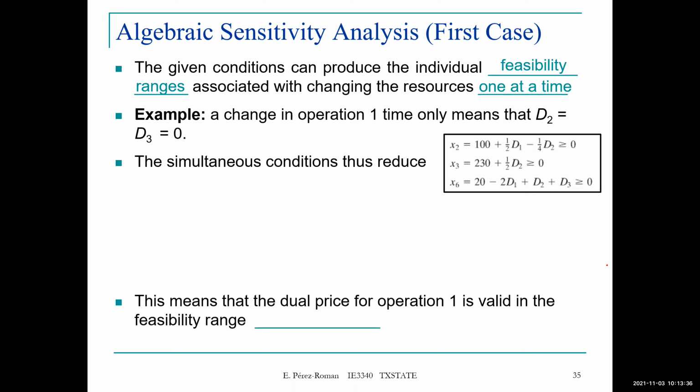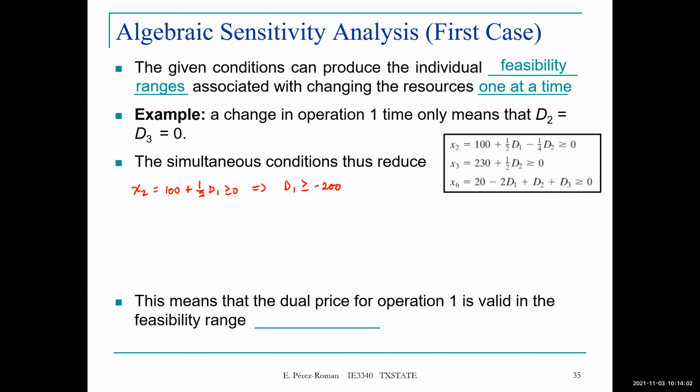If we make D2 and D3 equal to 0, X2 will be equal to 100 plus 1/2 D1. And this has to be greater or equal to 0, which means that D1 has to be greater or equal to minus 200.